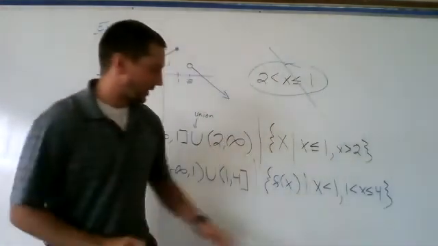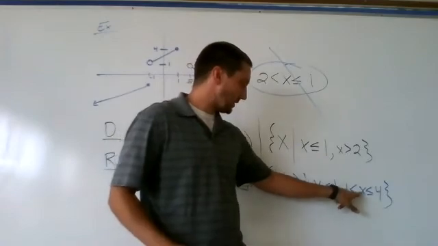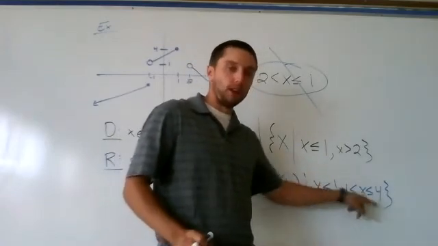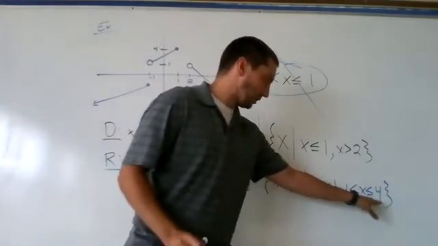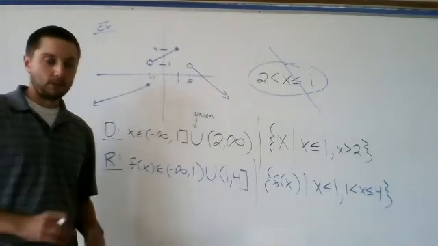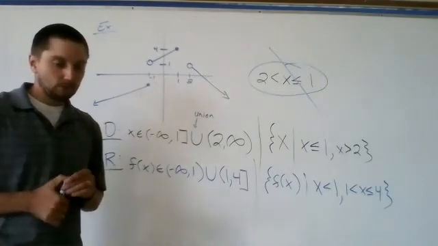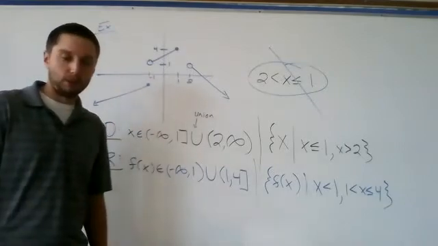Okay, so this is a case where I'm allowed to use this full sentence because 1 is less than x, which is less than or equal to 4. That full sentence makes sense. 1 is less than x, and 1 is also less than 4. So there's my notation for that. Okay? All right, so if you can do this one, then you can pretty much handle any graph one.